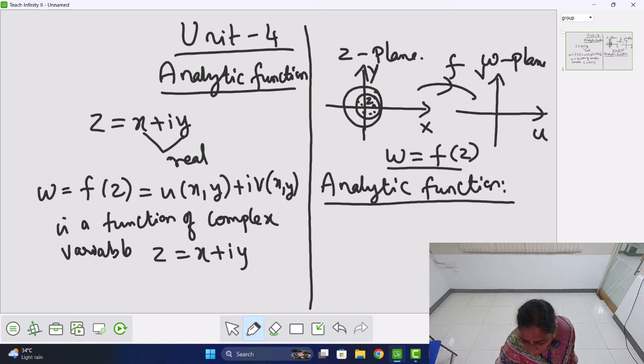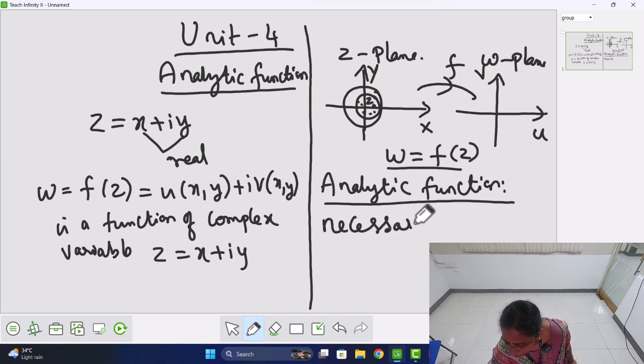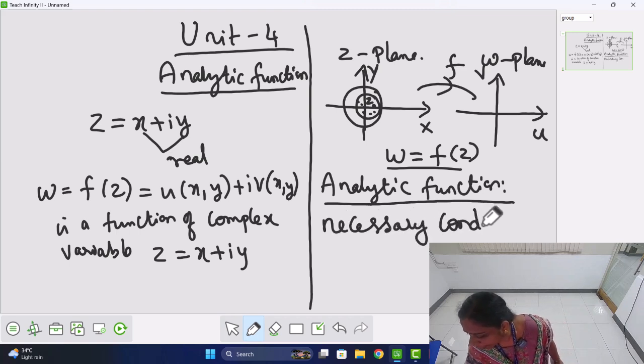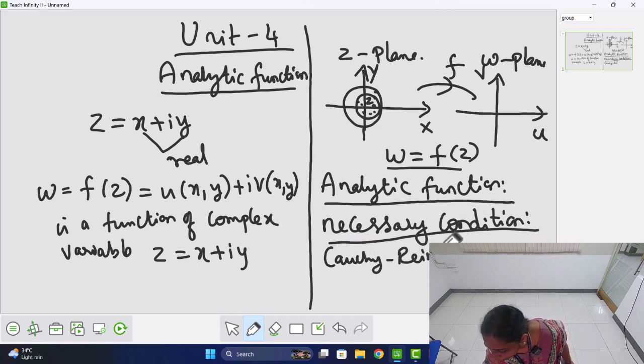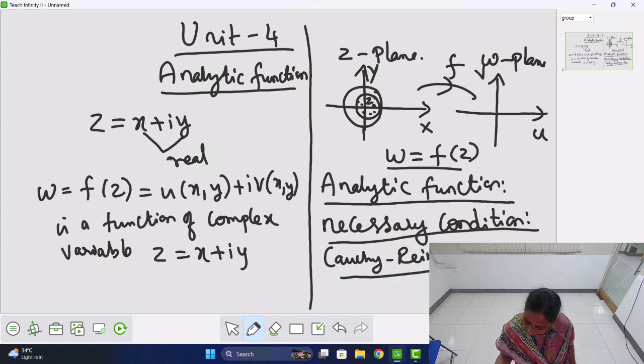Then how do we identify whether a function is analytic? By seeing the graph, we can't always say it is analytic, so certain conditions are needed. That is the necessary condition, which is nothing but the Cauchy-Riemann equation: the function should satisfy the CR equations.